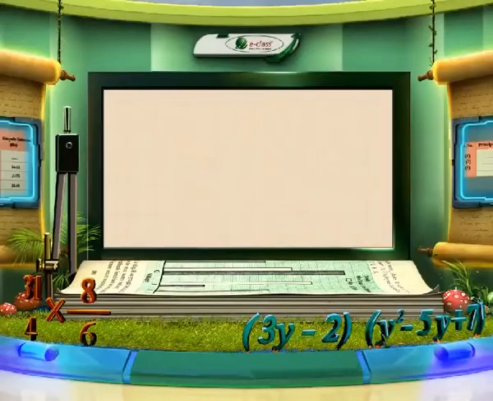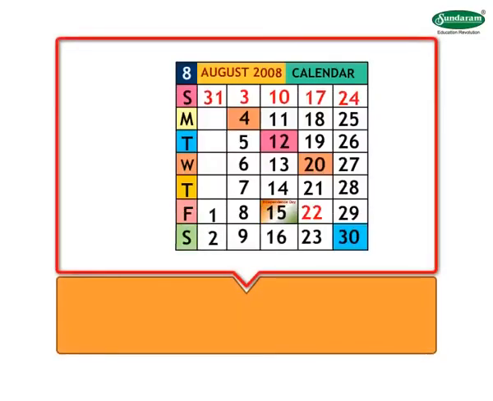Calendar. Look at this calendar. This shows the dates and days of August 2008. The days Monday, Tuesday, Wednesday, Thursday, Friday and Saturday are shown in short at the left and the corresponding dates are given against the days.